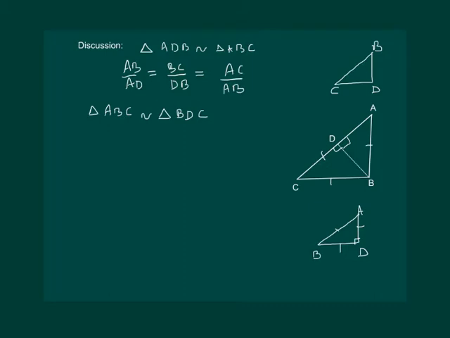Since triangle ABC is similar to triangle BDC, we will have BD by AB equal to CD by CB equal to BC by AC.